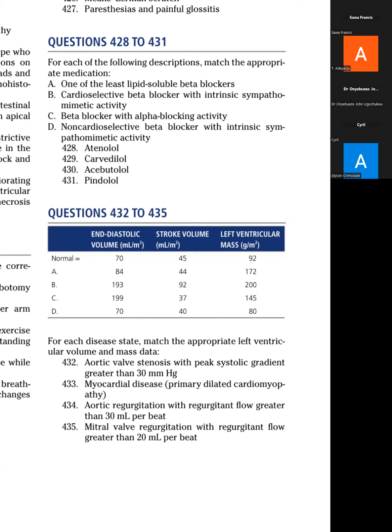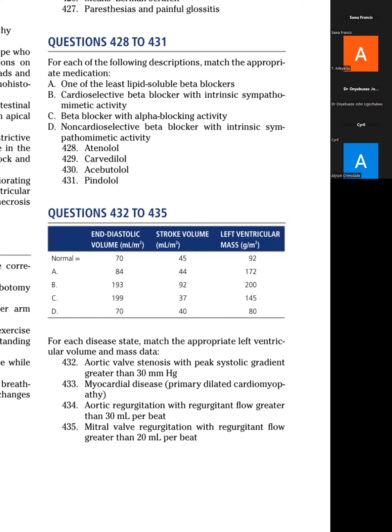That is what we should expect in regurgitant valve disease. And here, where we have diastolic volume increase is only C and B, and the stroke volume is increased in B alone, and the left ventricular mass is increased in B. Yes, B and C. However, C has a low stroke volume. So this is in consonance with B option. So aortic regurgitation with regurgitant flow greater than 30 ml per beat will go for B.